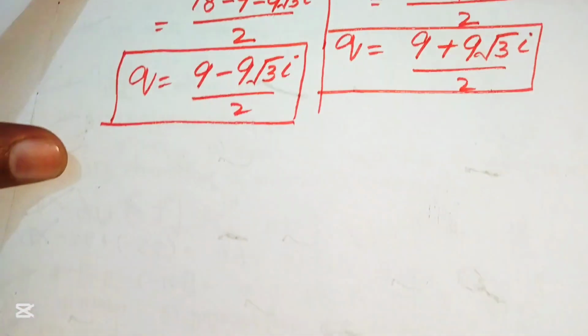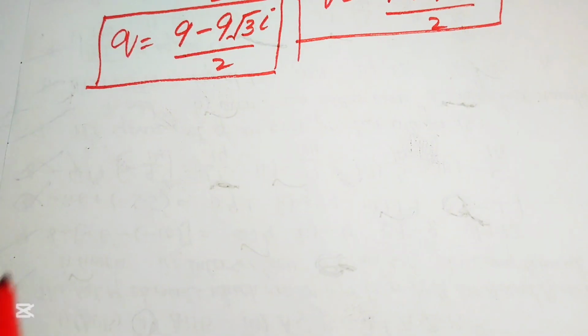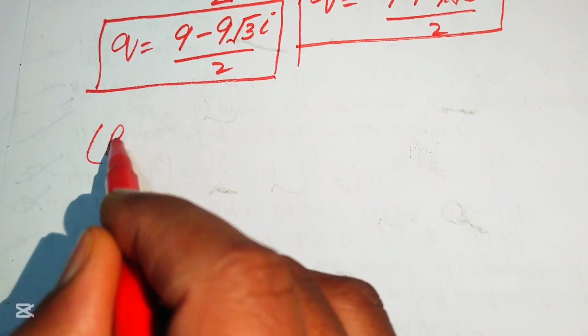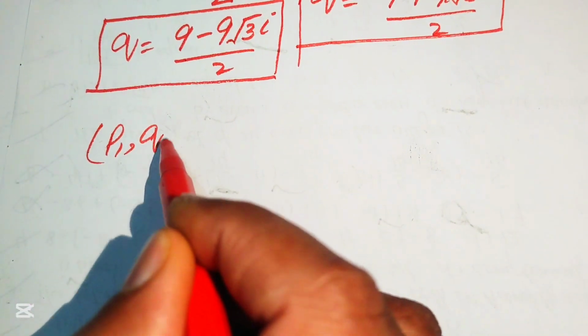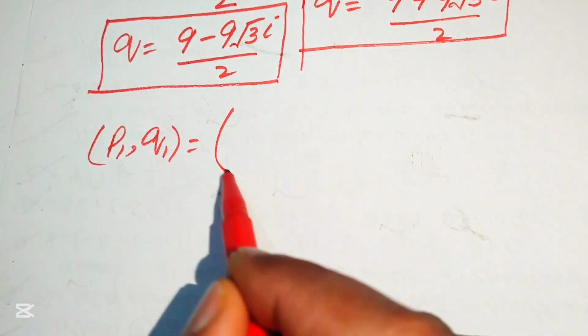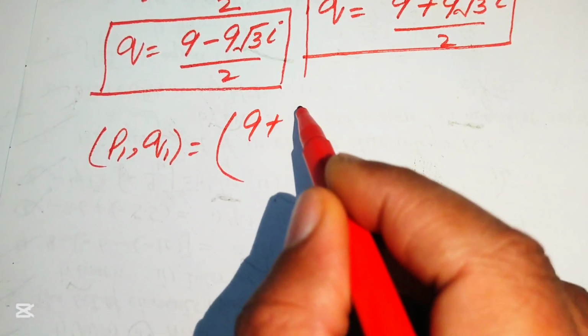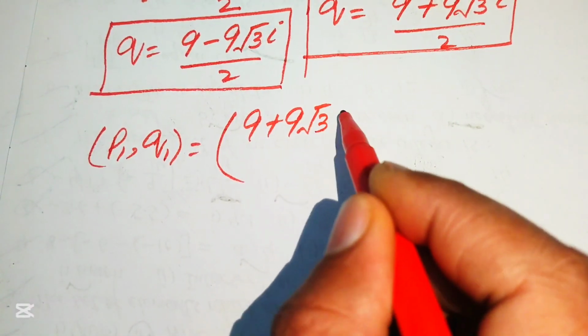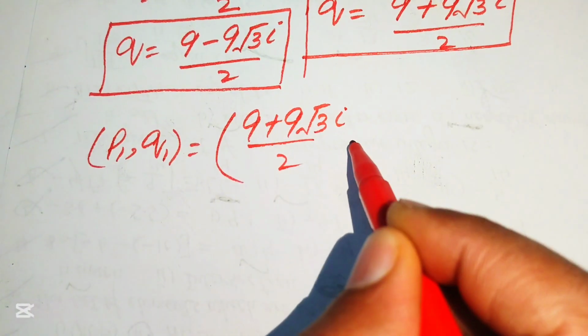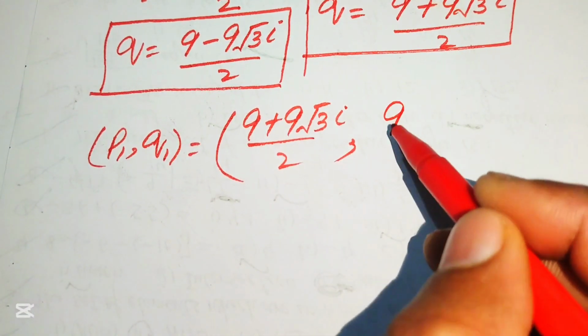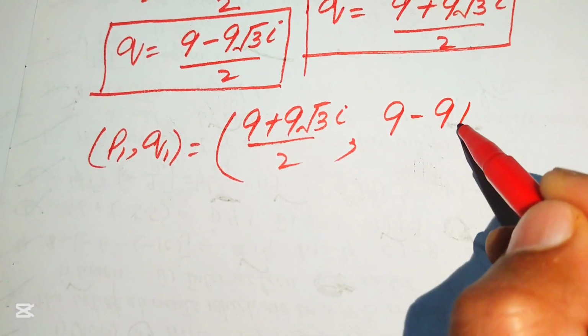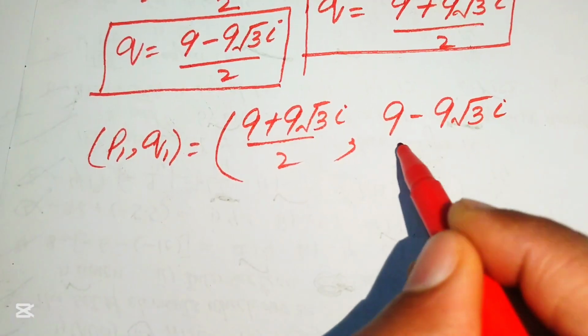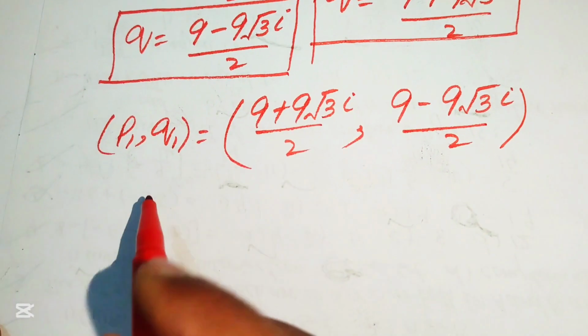Finally, the two roots of the given equation are, first, p1 = (9 + 9√3 i)/2 and q1 = (9 − 9√3 i)/2.